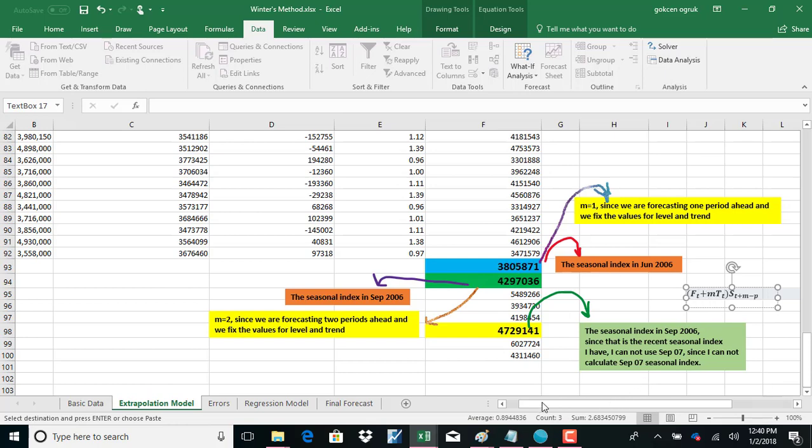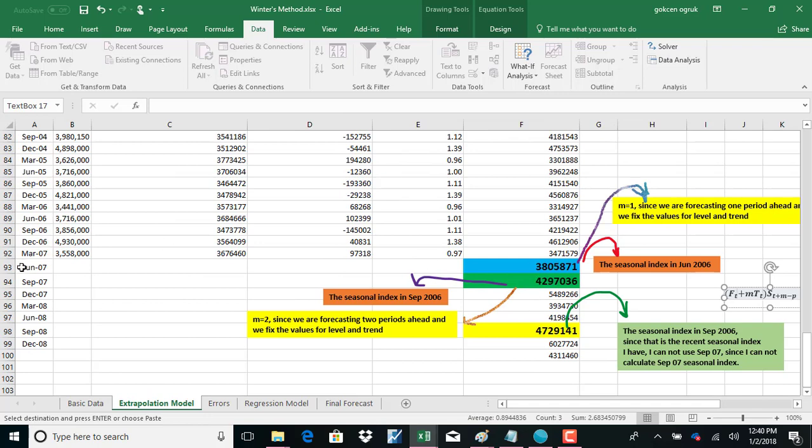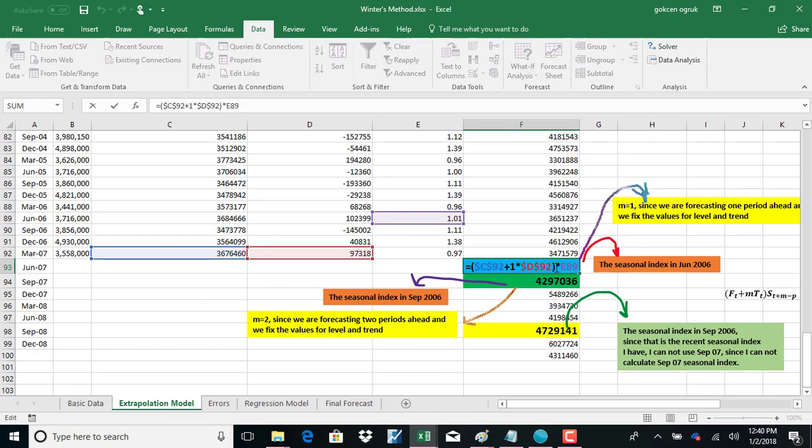Let's say we want to forecast for 1st June 2007. Here, since we are forecasting one period ahead, M is going to be 1. I'm going to use the level forecast for March 2007 and the trend forecast for March 2007.